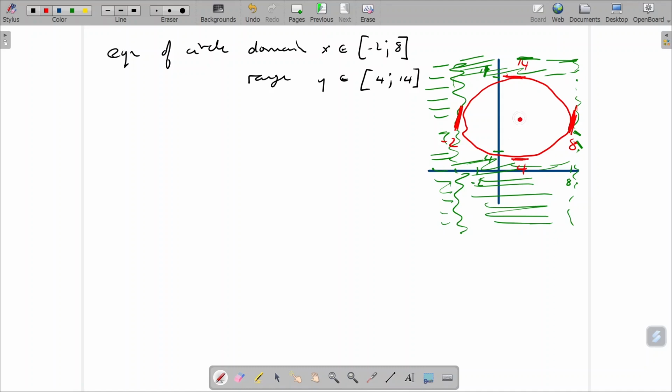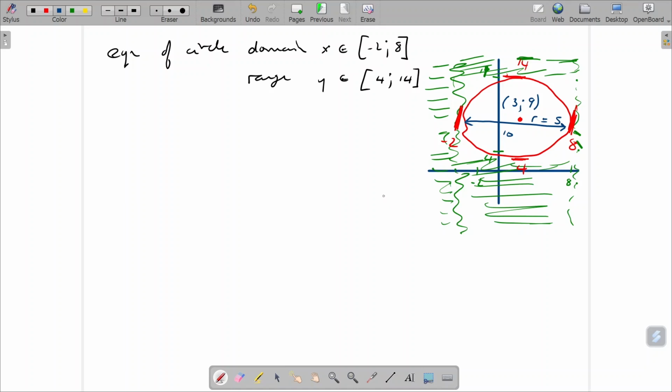Now, if we think about it, that gives us all the information we need to work out the circle center, because this shape has a span of 10 going across it. If that distance is 10, the radius will be 5, and the center of the circle will be at 3 and 9.